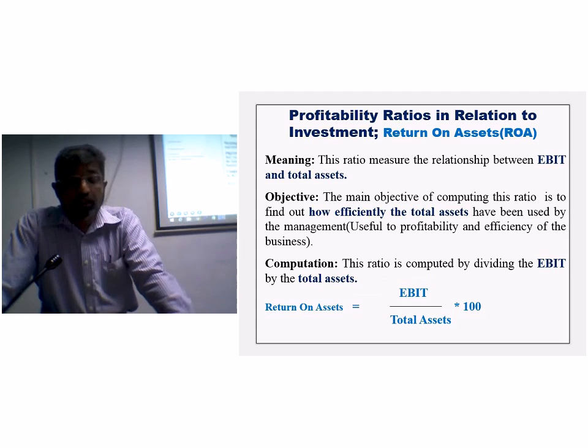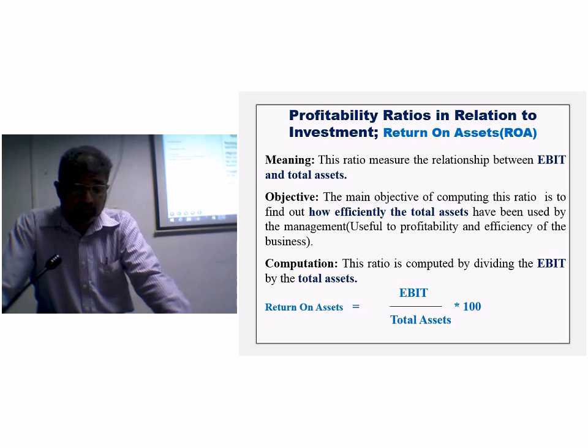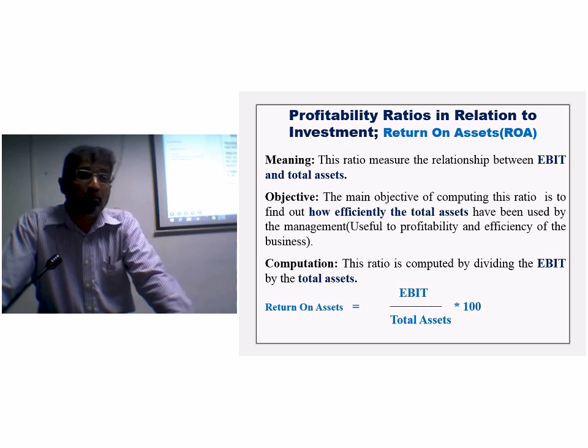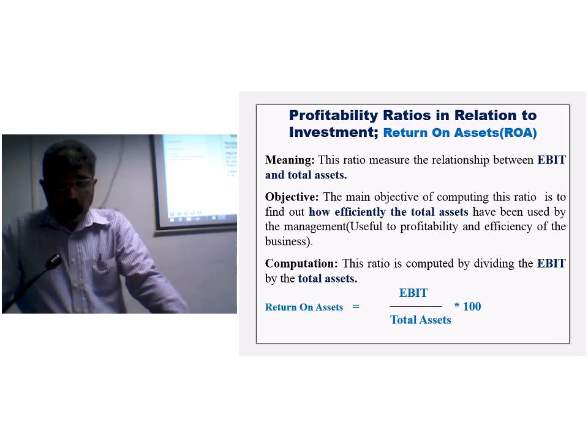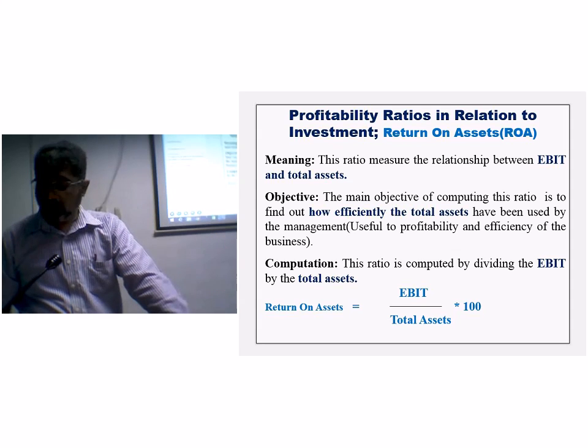That is the asset utilization ability of that particular organization or the management. It is measured by this return on assets. On one hand, efficiency of asset utilization; on the other hand, performance of that organization, right? You can compute that ratio as EBIT over total assets into 100.